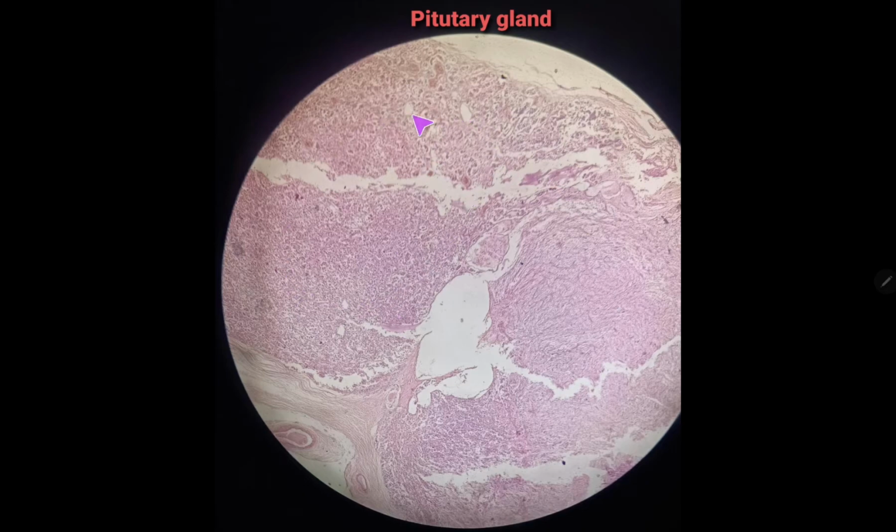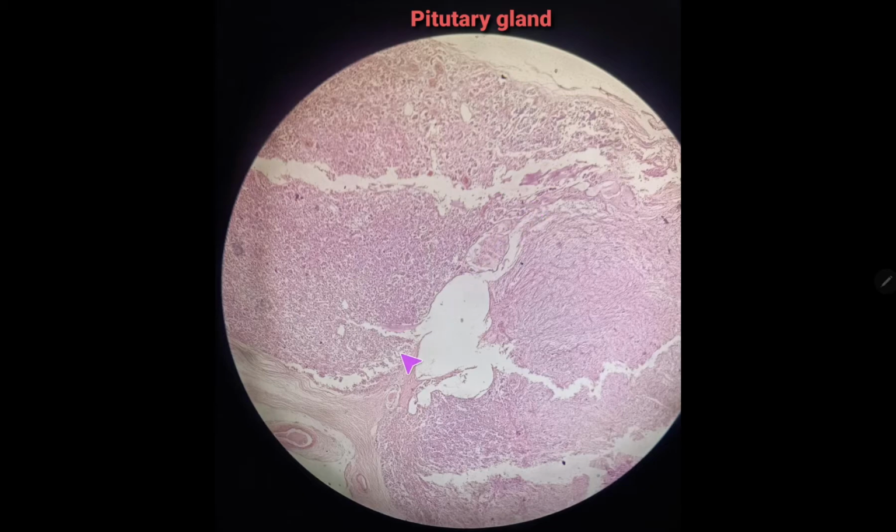Now this adenohypophysis has three divisions. The majority of the adenohypophysis is called pars distalis; the part that lies near the neural stalk and surrounds it is called pars tuberalis.